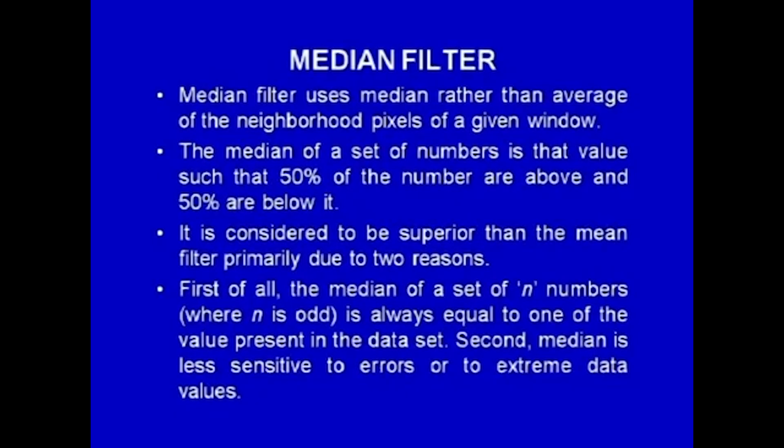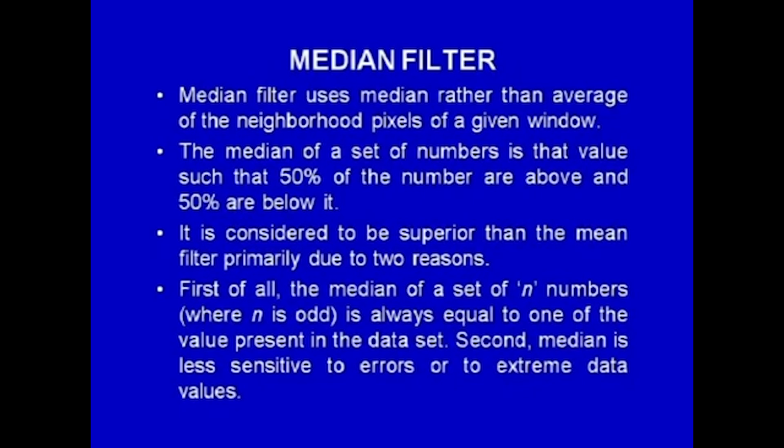Median filter uses median rather than average of the neighborhood pixels of a given window. The median of a set of numbers is that value such that 50% of the numbers are above and 50% are below it. It is considered to be superior to the mean filter, primarily due to two reasons.